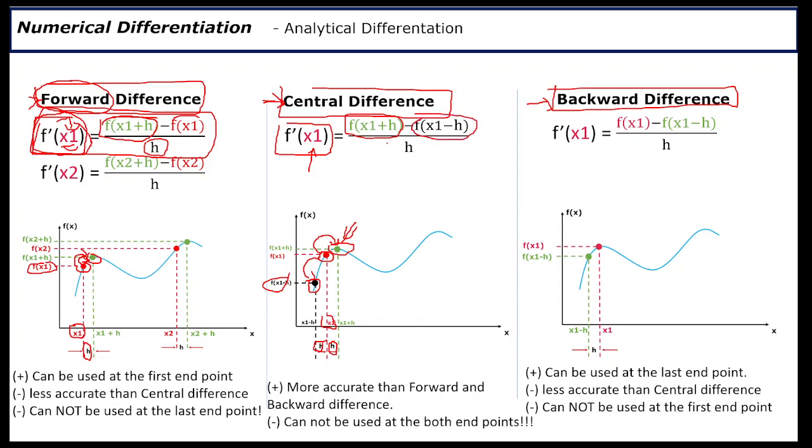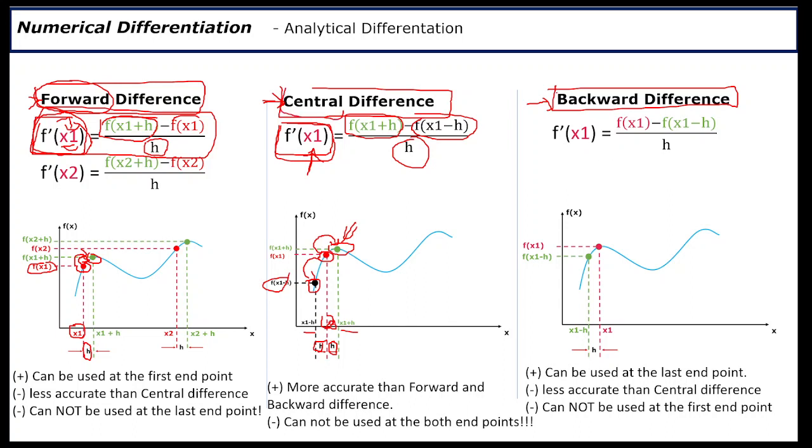Then we take the difference between the forward point and the backward point divided by the step size h. We will have the first derivative of the f function at x1, and x1 is the center of the forward point and the backward point. That's why we have the central difference.